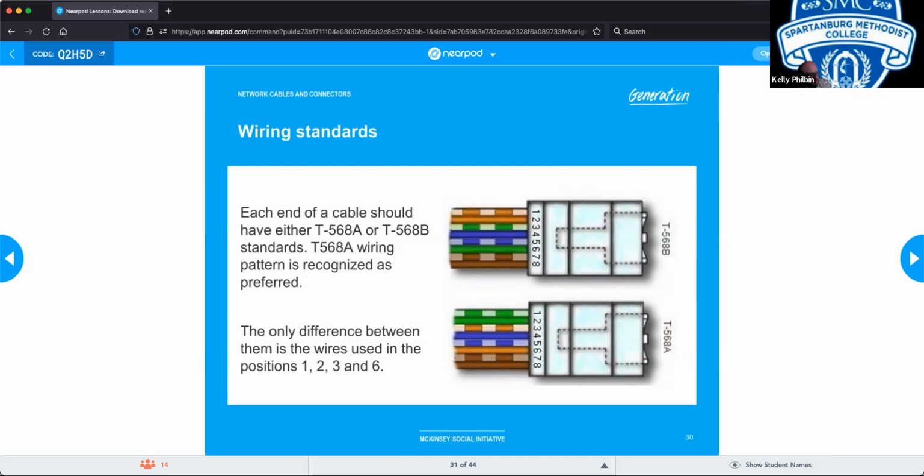That means it's on the other side. If you have a network cable laying around your house, they usually have clear heads. You can look at the bottom of it and see how it's laid out. We will get reviews of this though.